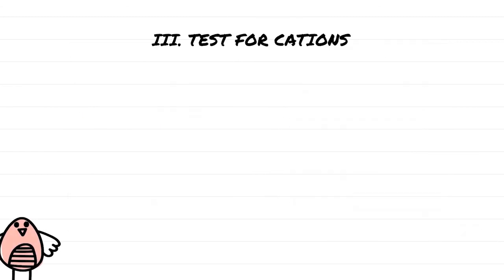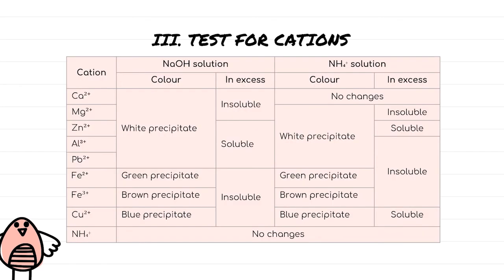Here we are going to look at the test for cations. We have the cations calcium, magnesium, zinc, aluminium, lead, ferrum 2+, ferrum 3+, cuprum 2+, and ammonium. We have sodium hydroxide solution and ammonia solution.